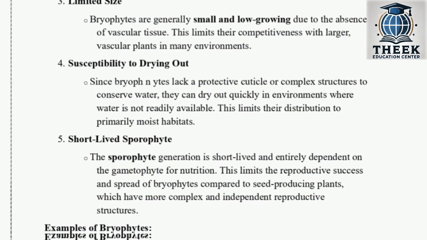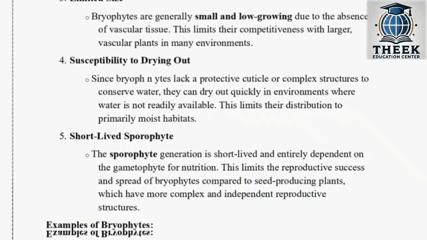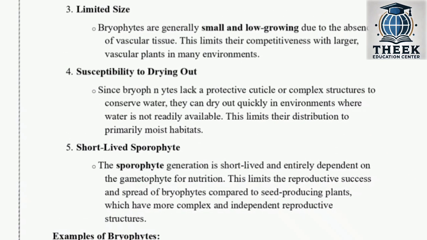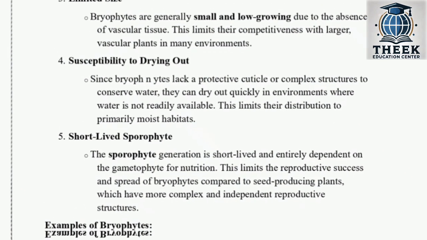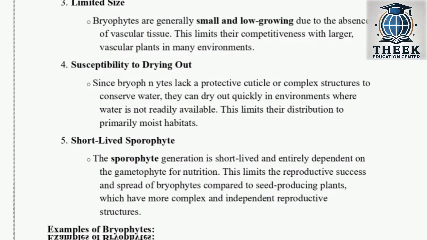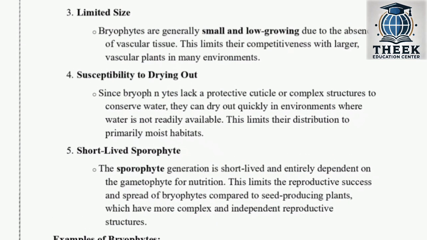Susceptibility to drying out. Since bryophytes lack a protective cuticle or complex structure to conserve water, they can dry out quickly in an environment where water is not readily available.